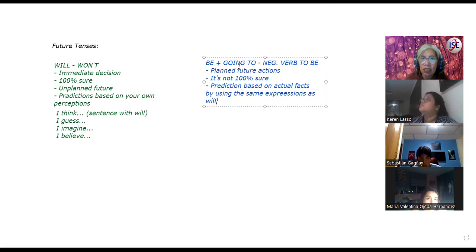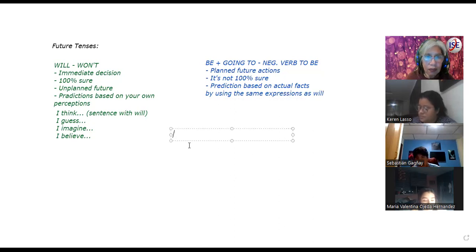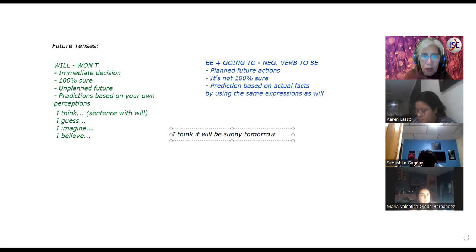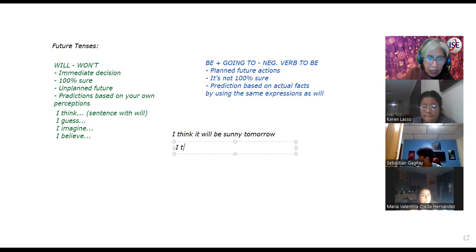Using the same expressions as will. For example, what's the difference between "I think it will be sunny tomorrow" and "I think it's going to be sunny tomorrow"?